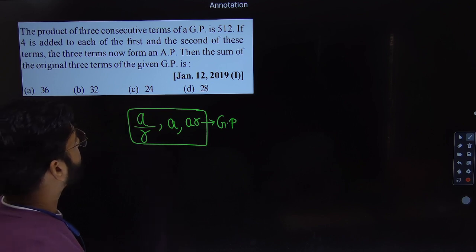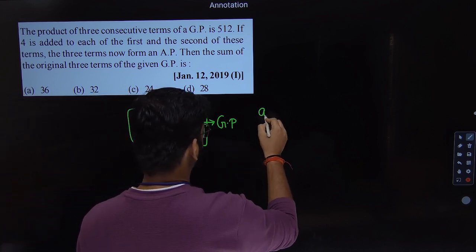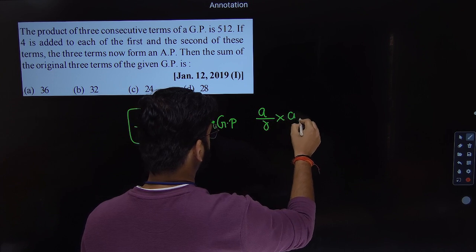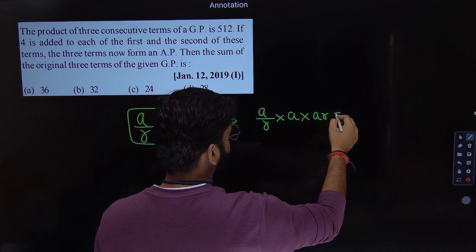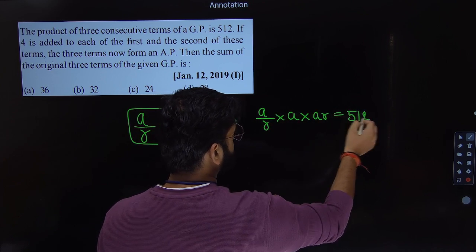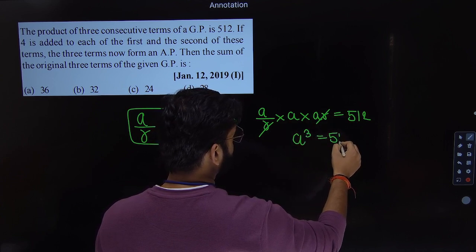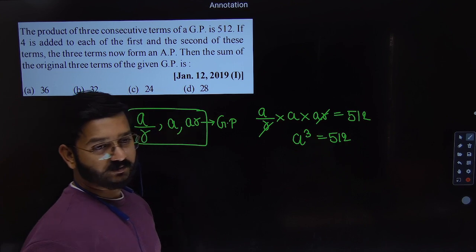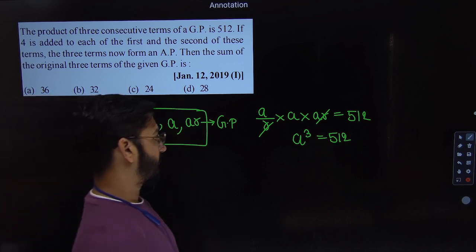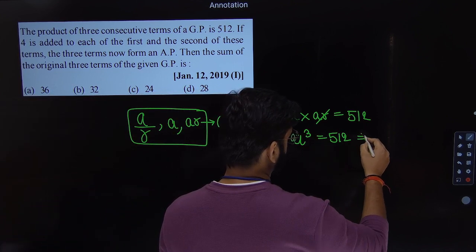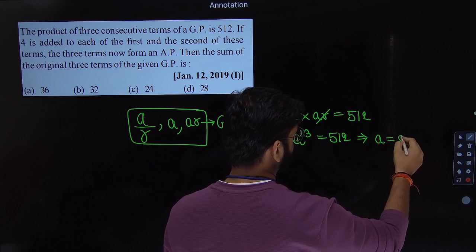So product is how much? 512. So A by R, A into AR is 512. So R gets cancelled. So A cube is how much? 512. So cube root of 512 is how much? A will be 8.